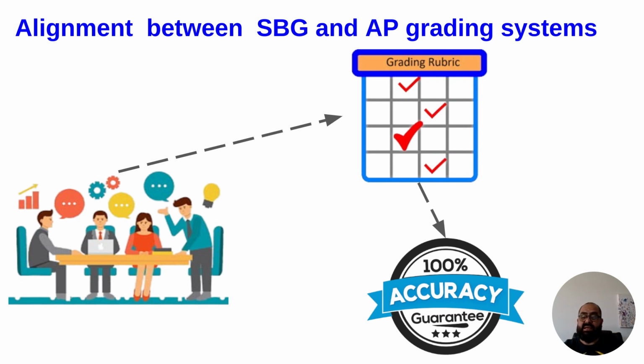Number one is aligning proficiency skills with the AP standards or AP skills. Each AP course has specific learning objectives and standards. We can develop proficiency skills that align with the AP standards.